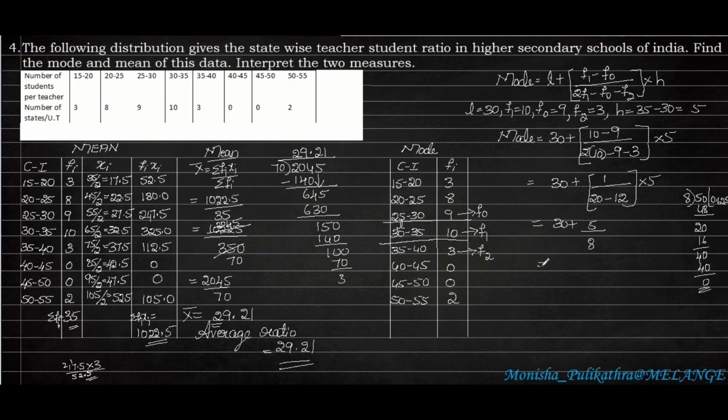So it will become 30 plus 0.625. So the mode, when we add this, will become 30.625. Therefore, the modal student teacher ratio, or the modal ratio, obtained is 30.625. I hope you understood this.